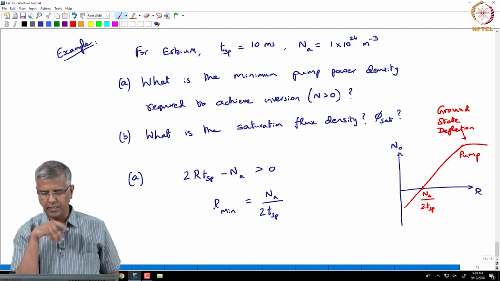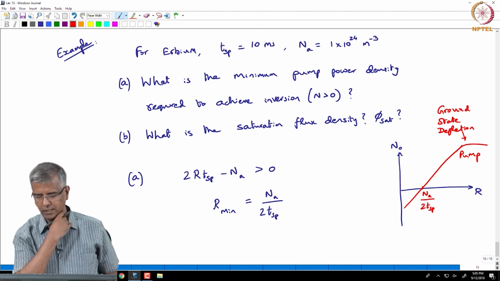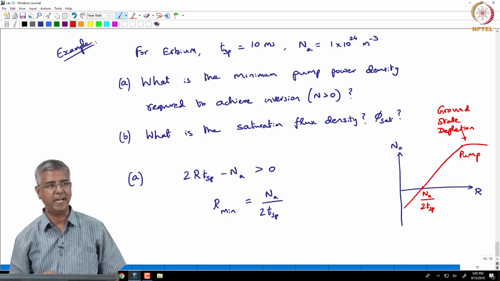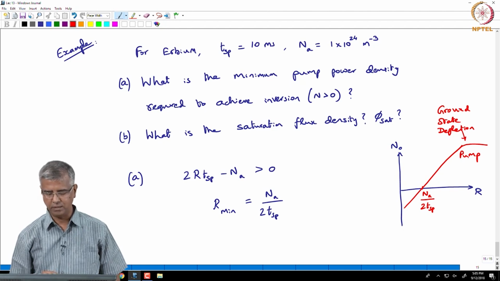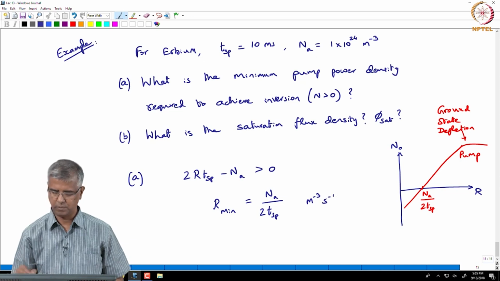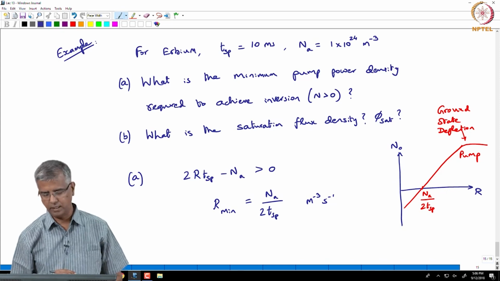But what we are asked to figure out is what is the minimum pump power density required to achieve inversion. So, what we have is a rate, right, which has a unit of per meter cube per second, right, that is what you have, and you need to actually figure out the pump power density.